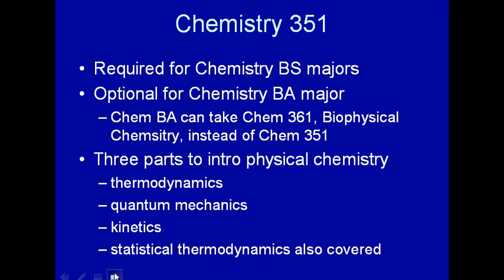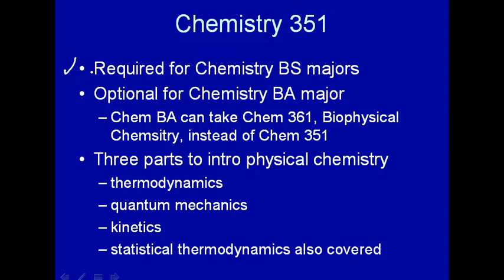All right, a few words about Chemistry 351. It's required for Chemistry BS majors. Every Chem BS major has to eventually take this class. This is one of two required courses for Chem BS. The other, you have your option of Chem 451, which concentrates on quantum mechanics, or 452, which concentrates on thermodynamics.